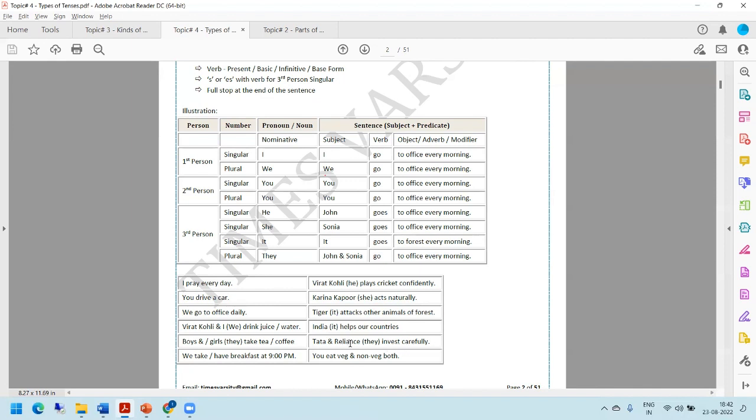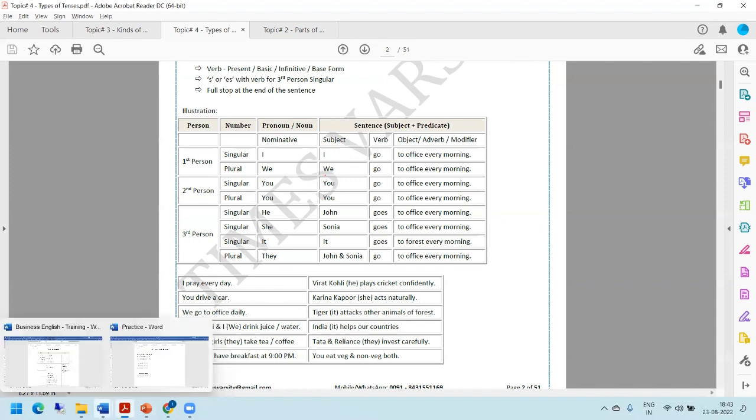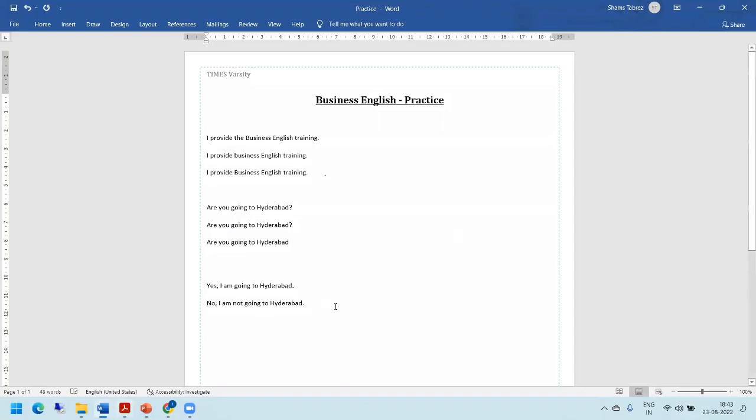Instead of the noun Tata and Reliance, we can use they invest carefully. So this they is third person plural, so there is nothing to do with the verb. Then you eat veg and non-veg both. Okay, this is one. Now we will do some testing.